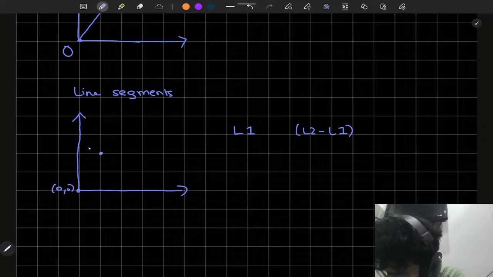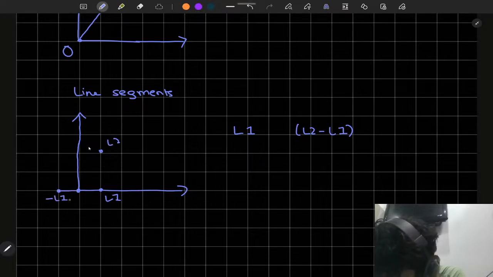Let's say this is L1, so this is L2, this is L1, this is minus L1, and L2 minus L1 would be this.